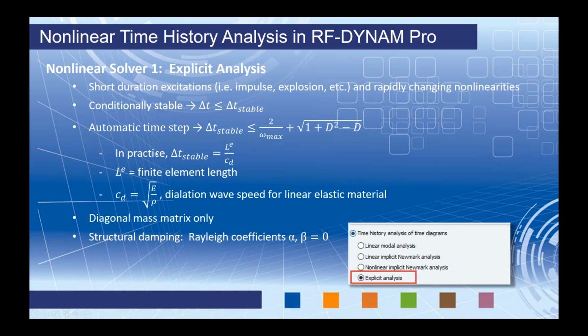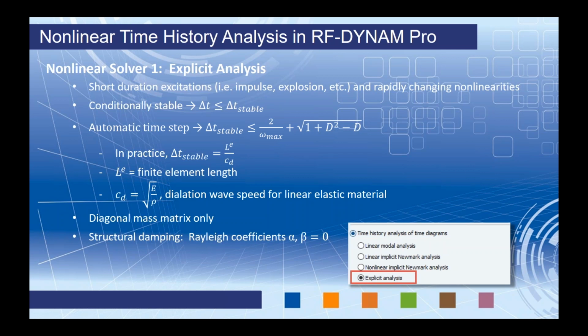Well, we don't. In practice, delta t stable will be utilized as this equation here, LE over C sub D, where LE is our finite element length, C sub D is the square root of Young's modulus over the density, or the dilation wave speed for linear elastic material. So this is how we estimate what delta t stable will be without the natural vibration analysis.